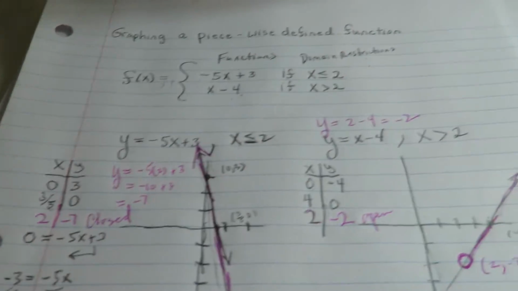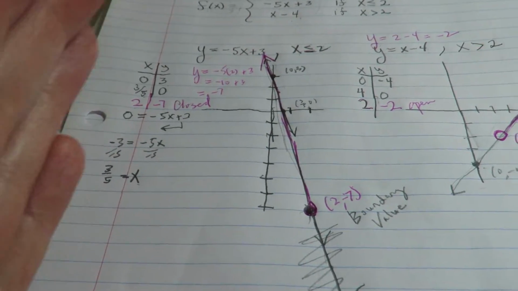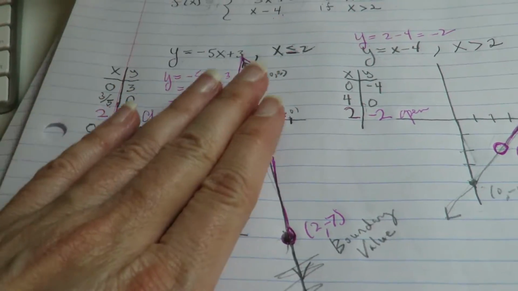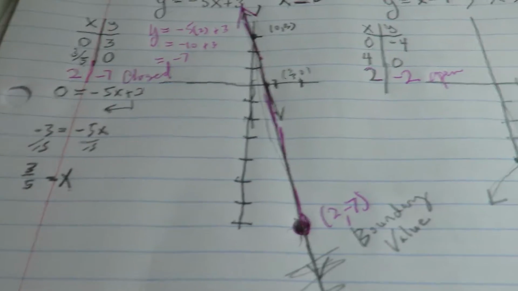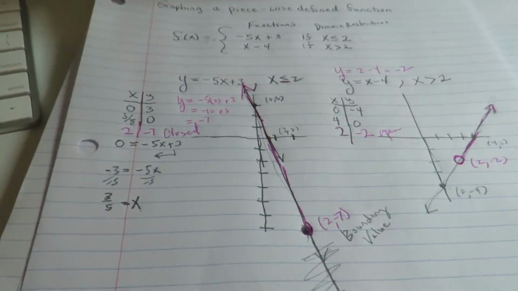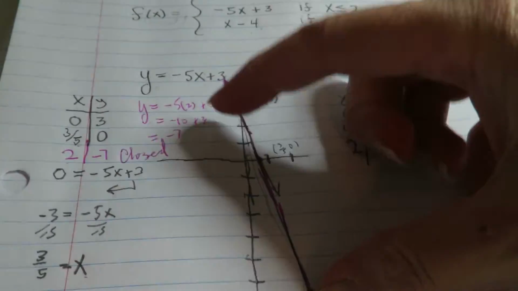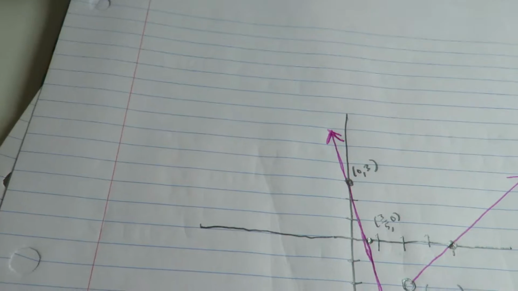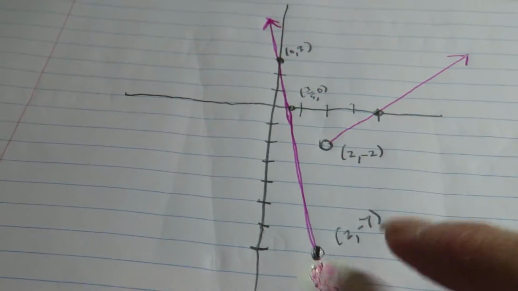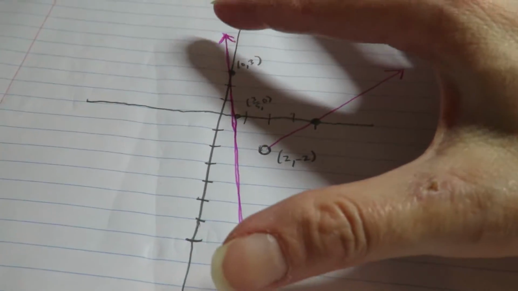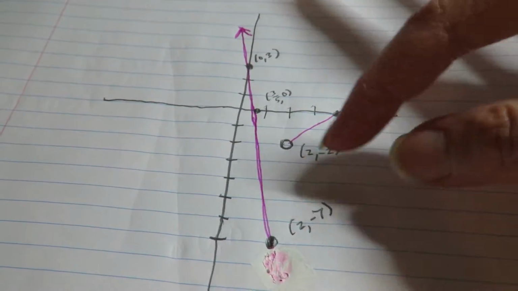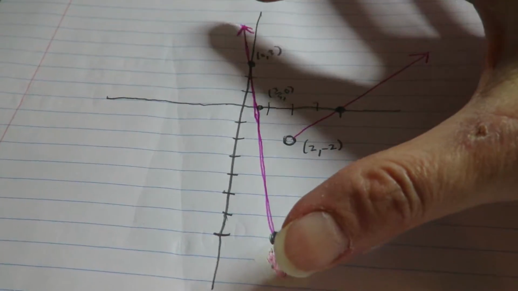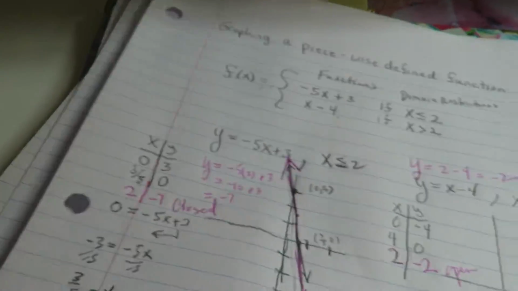That's why I'm taking the left side of the graph, and I'm not going to take the right side. That part in pink, you'll notice that I transferred it to the next page, from the (2, -7) here. That's me transferring the first function.